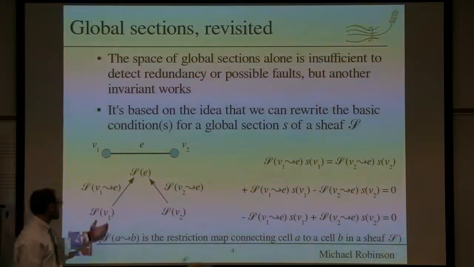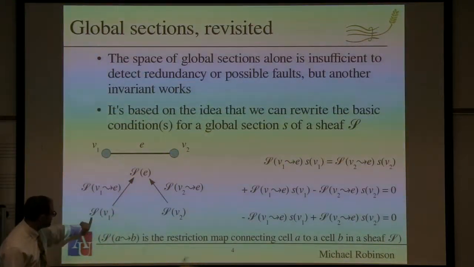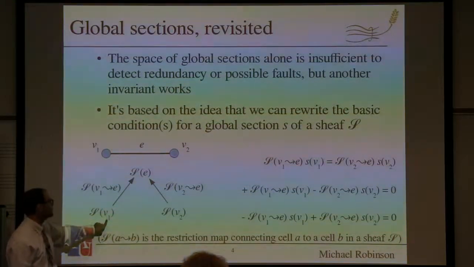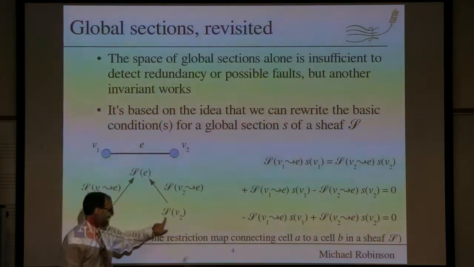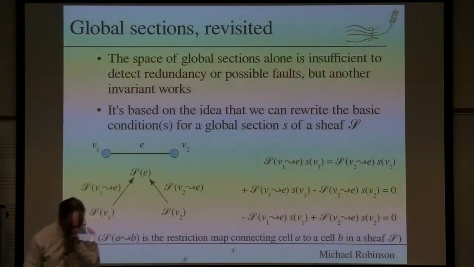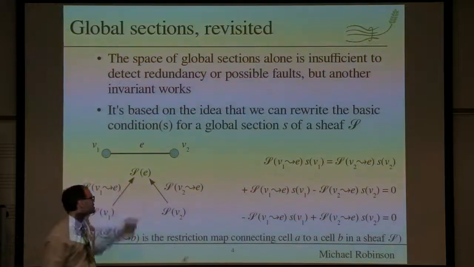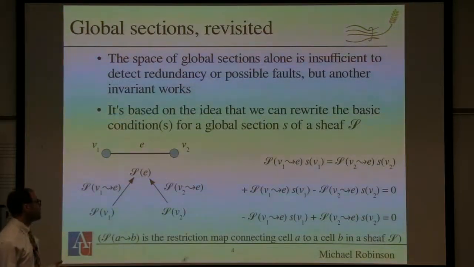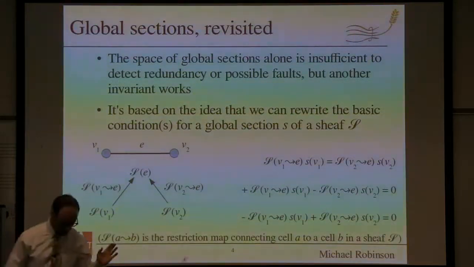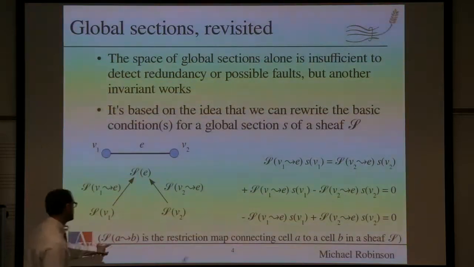So graphically, here is the stalk of a sheaf S over a vertex V1. Here's the stalk of the sheaf S over vertex 2. Here's the stalk over the edge. And what I'm going to do is map through the restriction maps. Now, to keep the discussion reasonably general, I'm going to use this notation here.